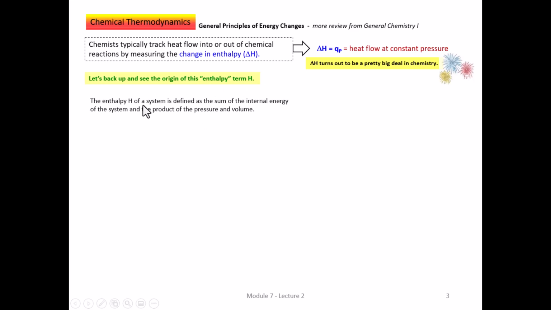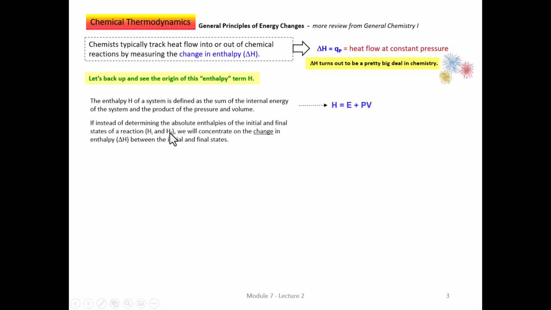The enthalpy H of a system is literally defined as the sum of the internal energy of the system and the product of the pressure and volume. So here we have enthalpy defined as the internal energy of the system plus the product of the pressure and the volume. This is just simply how it's defined.